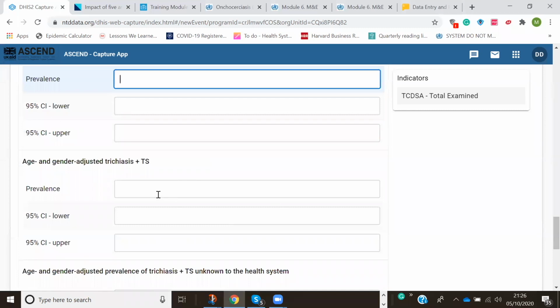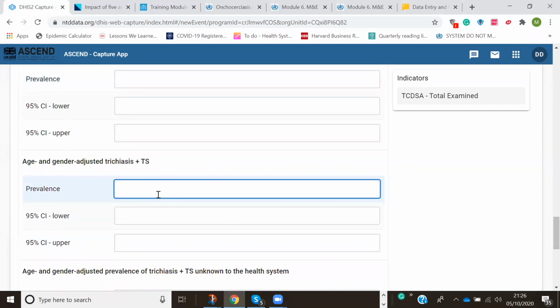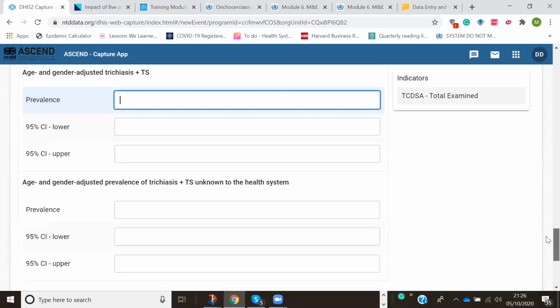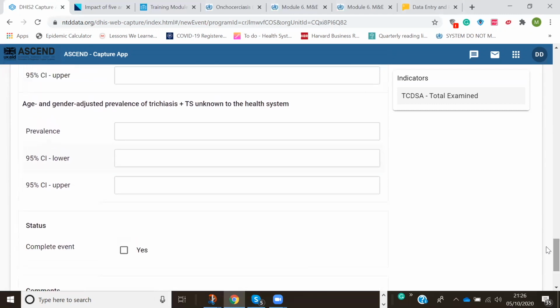And then we also have age and gender adjusted trichiasis plus TS, the same information, the upper bounds and the lower bounds within the 95% confidence intervals. And then we also have the same age and gender adjusted prevalence of trichiasis plus TS unknown to the health system, prevalence and the upper bound and the lower bound for the 95% confidence interval.